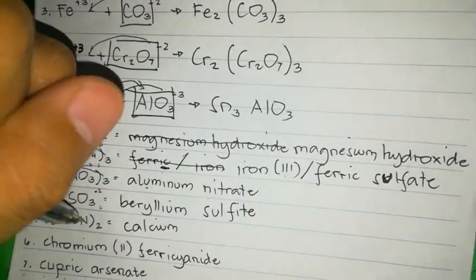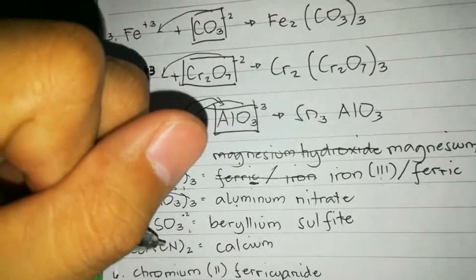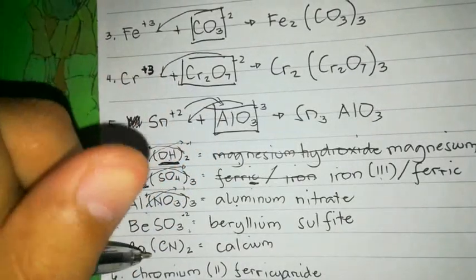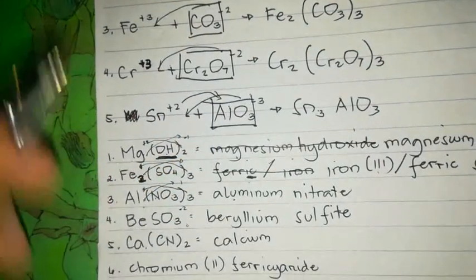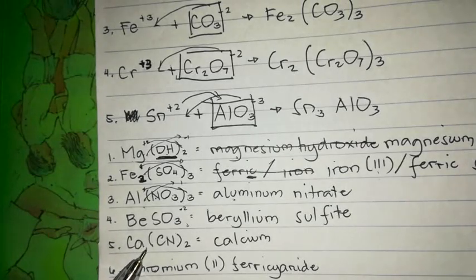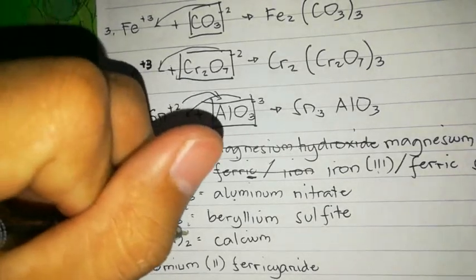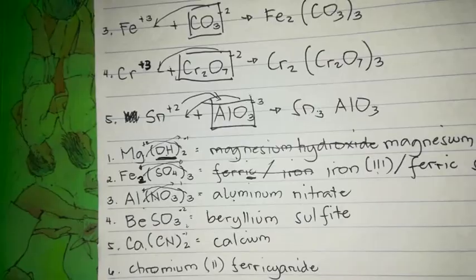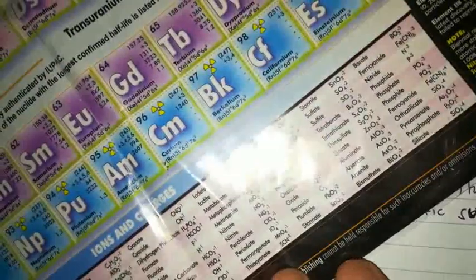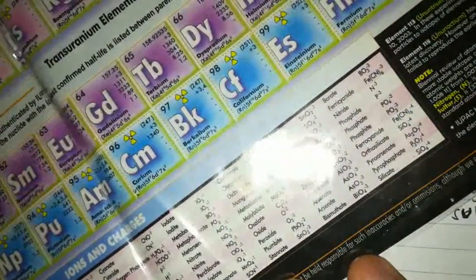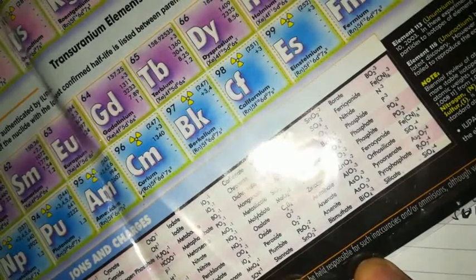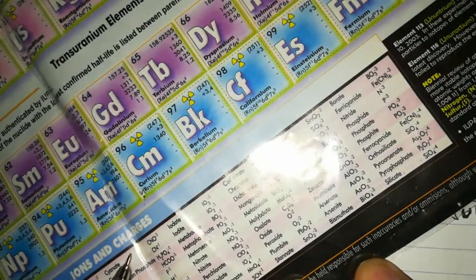Next, CN. Ang original charge ng CN ay 1 kasi walang nakalagay dito pero kagaya ng sinabi ko kanina, understood na 1 kapag walang nakalagay. So, hanapin natin sa periodic table ang CN na may negative 1 na charge. Ito po siya.